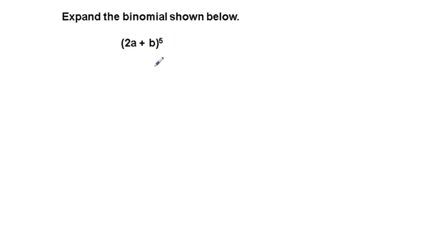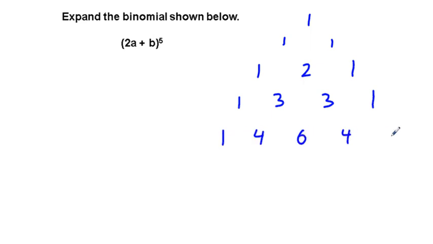But what you have is a binomial expansion, and you can use Pascal's triangle. The first row is 1, then you'll have 1, 1 is the second row, and then you'll have 1, 2, 1. You just add together, and we'd have 1, 3, 3, 1, and 1, 4, 6, 4, 1, and then we'd have 1, 5, 10, 10, 5, 1.